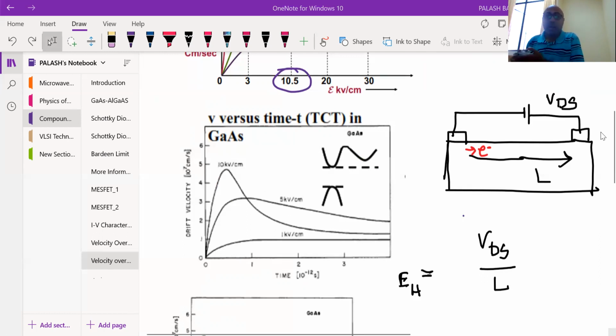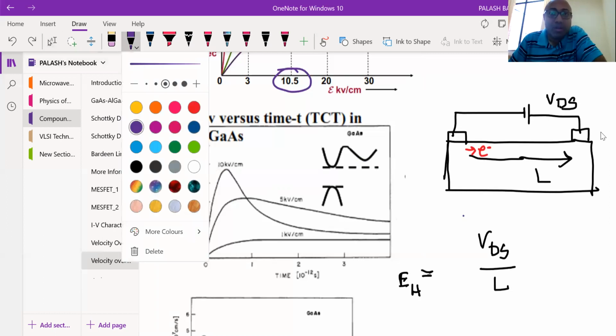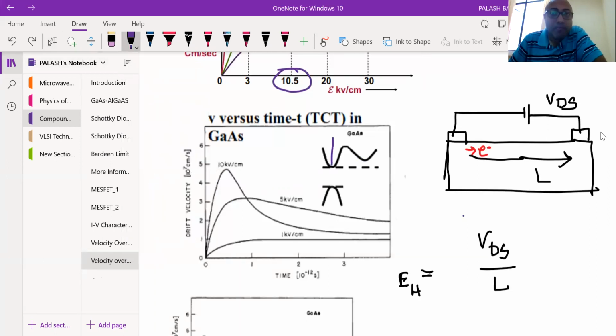It travels a long distance with some time, in your first zone, the higher mobility zone.